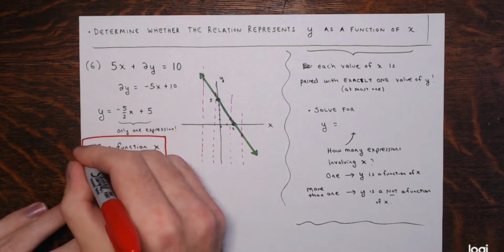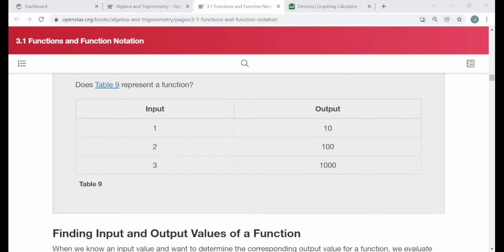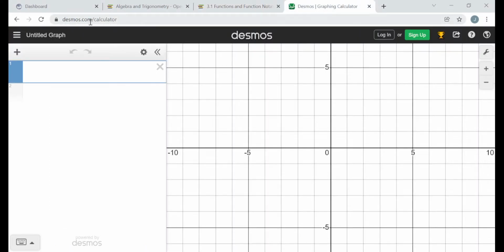And again, I'll go to a free online graphing calculator. It's at a website called Desmos.com. It's a free graphing calculator, and I'll just enter the equation they gave us. 5x plus 2y equals 10.